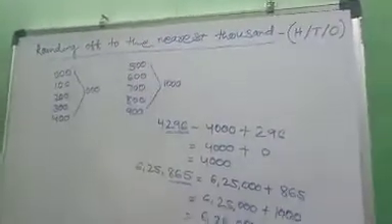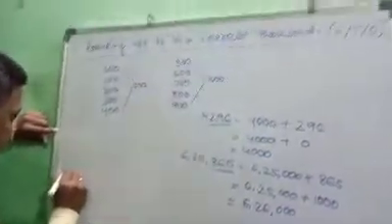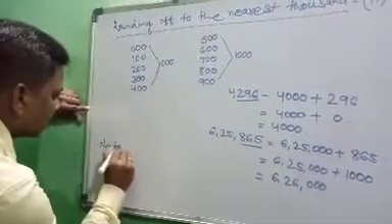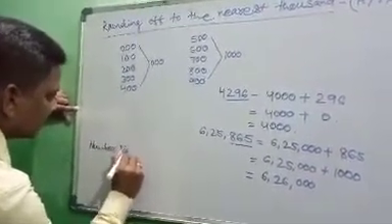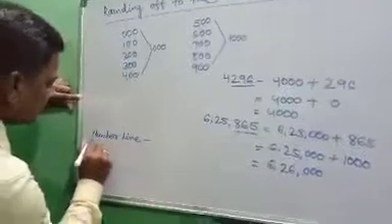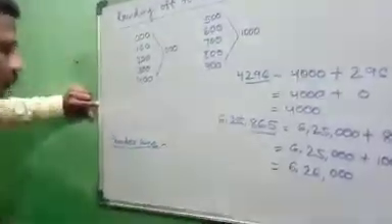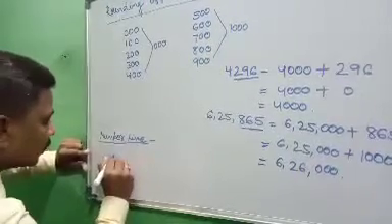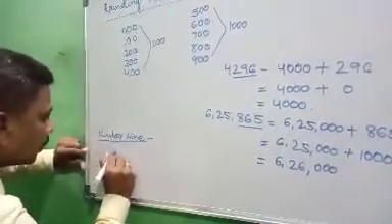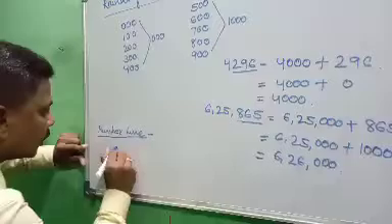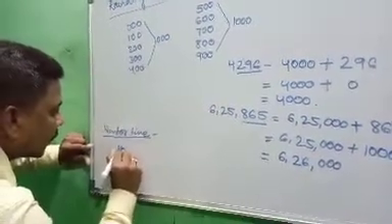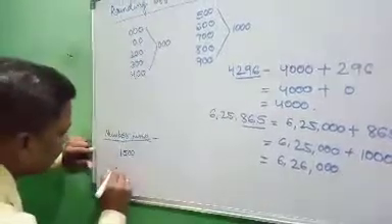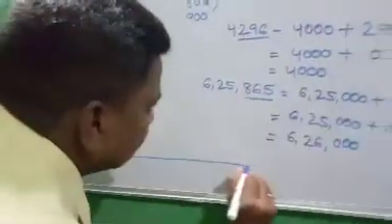Okay, let's draw a number on the number line. Suppose I have taken 1500. I have to round 1500, or I have to show 1500 on a number line.